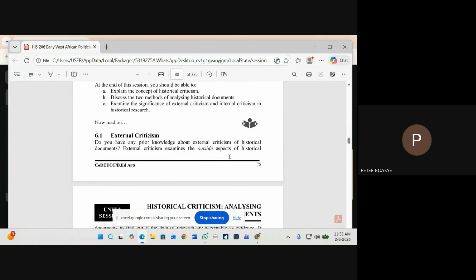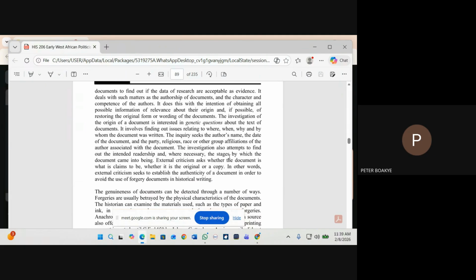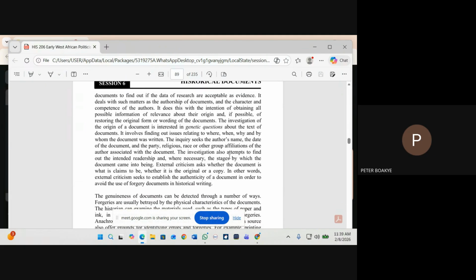So we have external criticism. Do you have any prior knowledge about external criticism of historical documents? External criticism examines the outside aspects of historical documents. You look at the document to find out if the data of research are acceptable as evidence. It deals with such matters as the authorship of documents, so who wrote it, and the character and competence of the author.